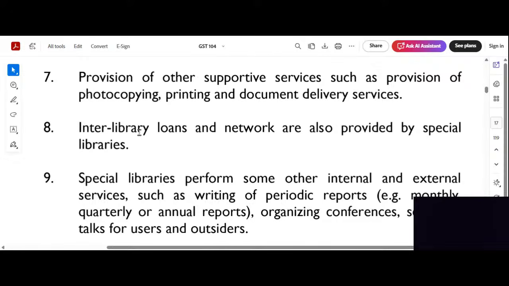Then we have interlibrary loans and network. Interlibrary loans and network are also provided by special libraries. For instance, somebody is working on something in our library, and our library is a medical library.